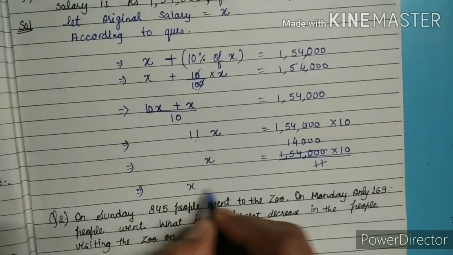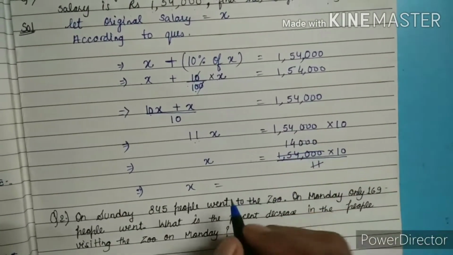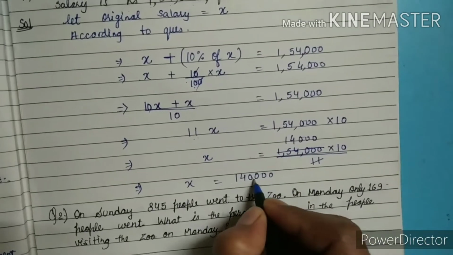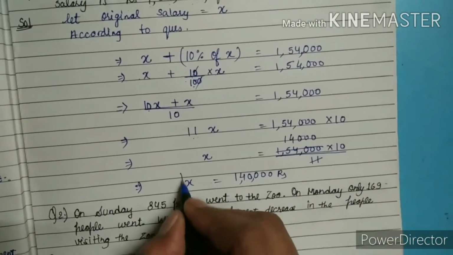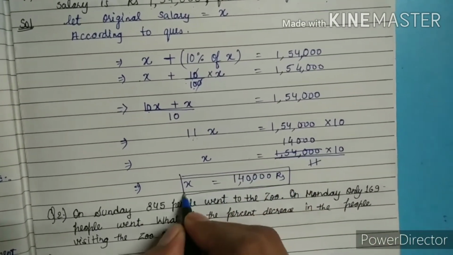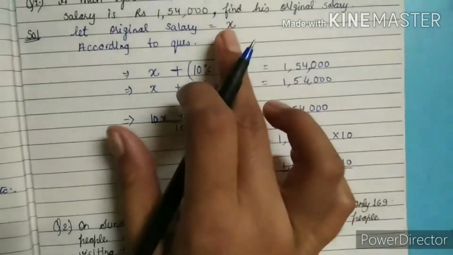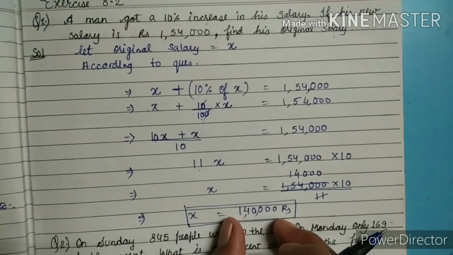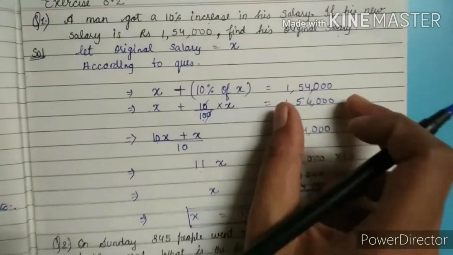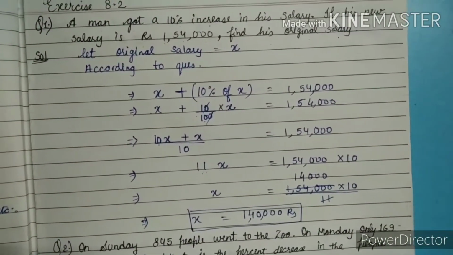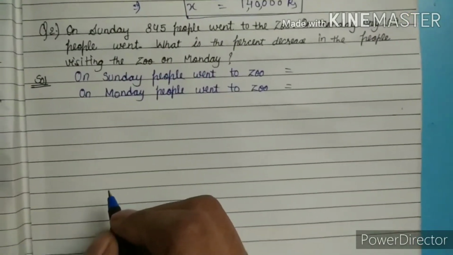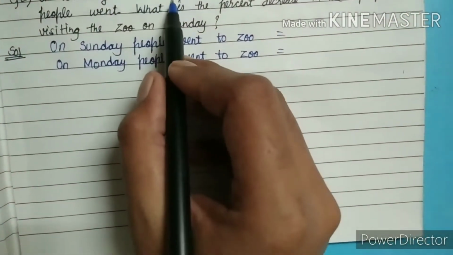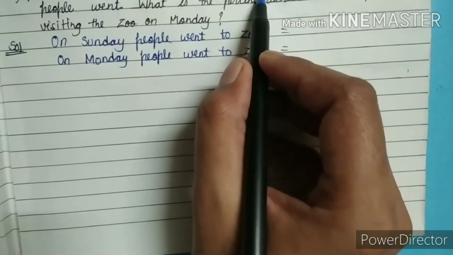So 14,000 into 10 is 1,40,000 rupees, which is the original salary, because we assumed the original salary as x. So after the 10% increment, he got 1,54,000 rupees.